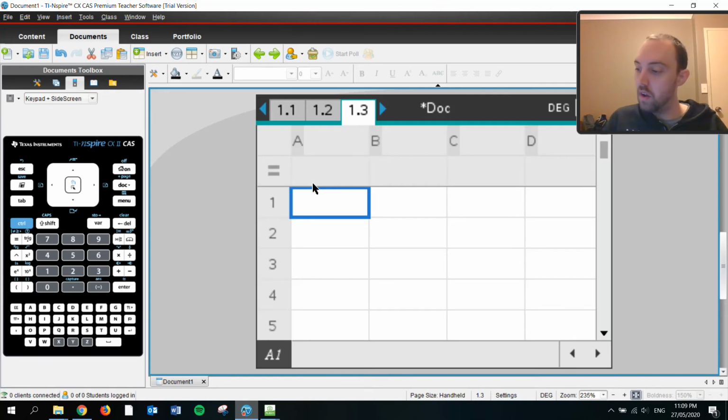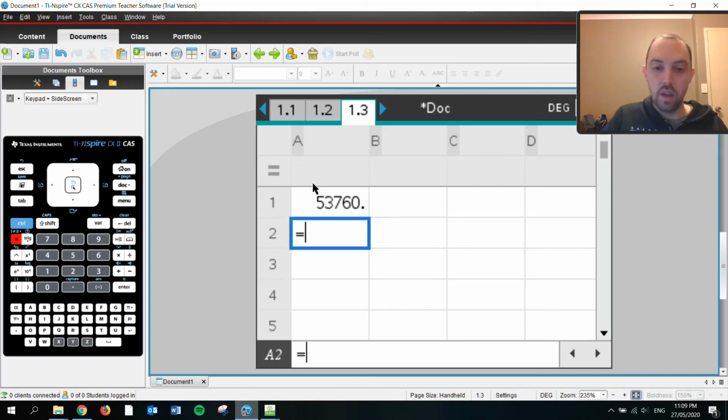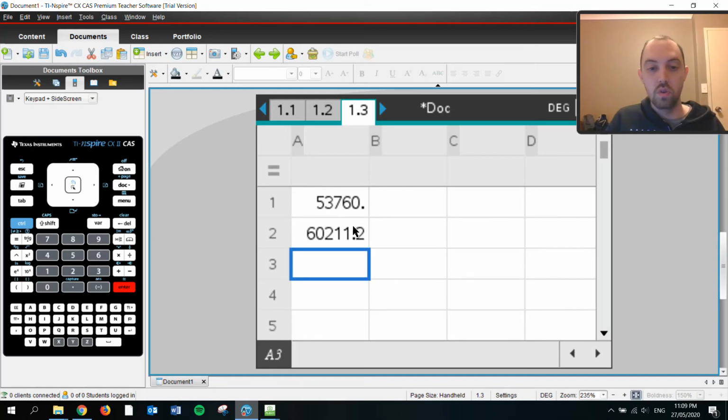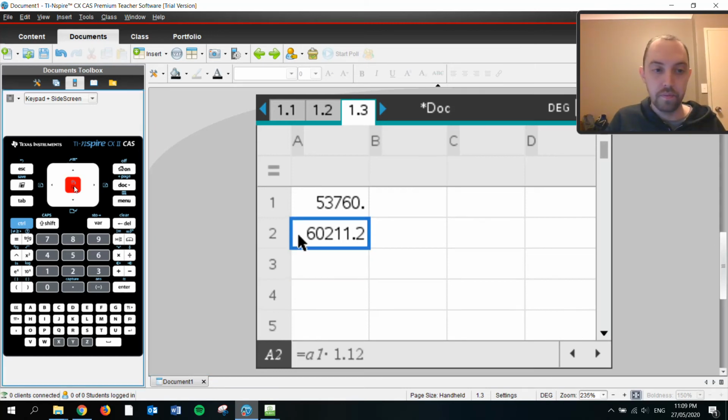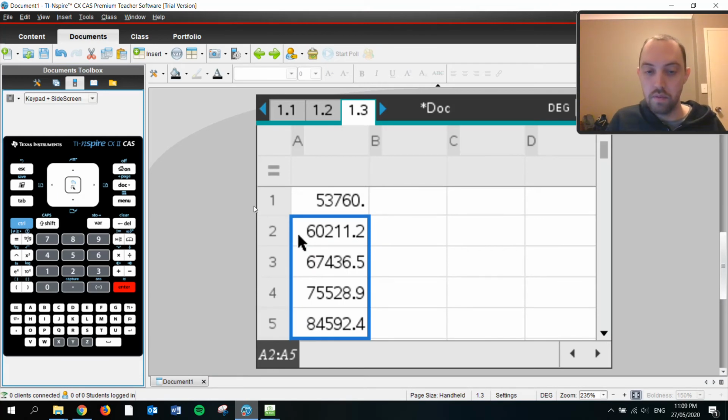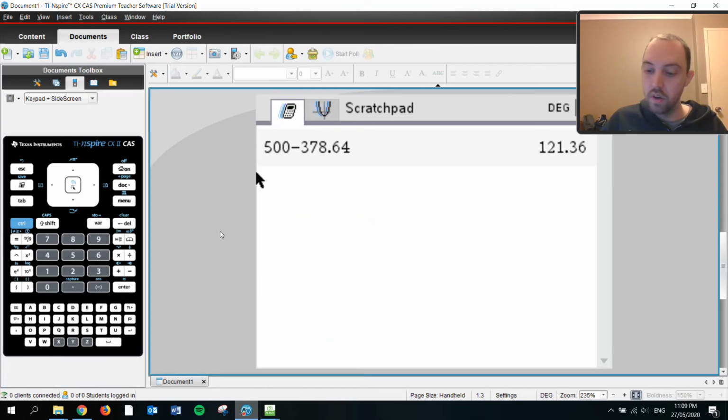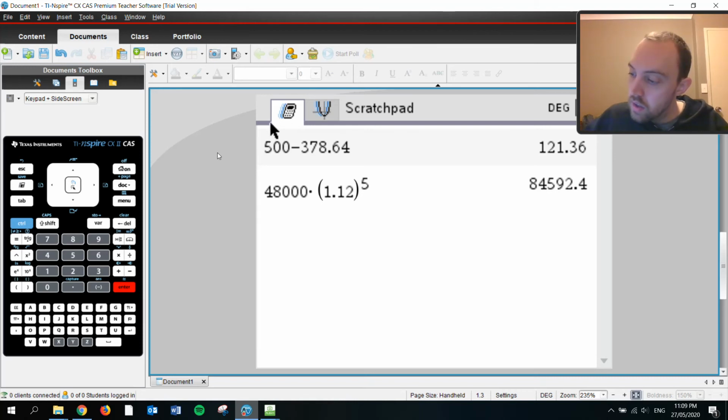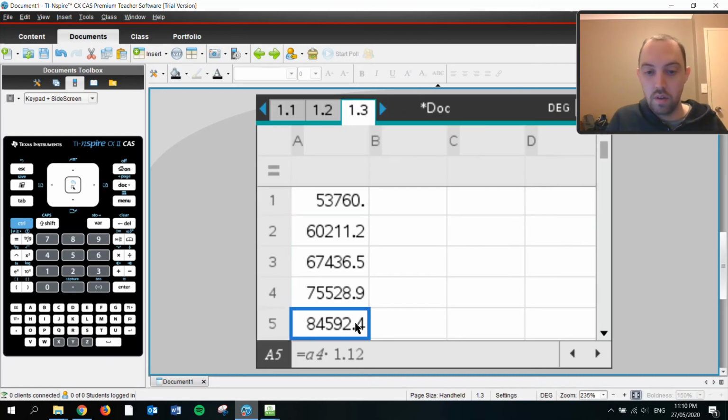It starts off as 48,000, after 1 year it's increased a bit, and 2 years, it's increased again. And we want up to 5 years, or if you would prefer, 48,000 times 1.12 to the power of 5. Same value. T5 is equal to $84,592.42. Same number.